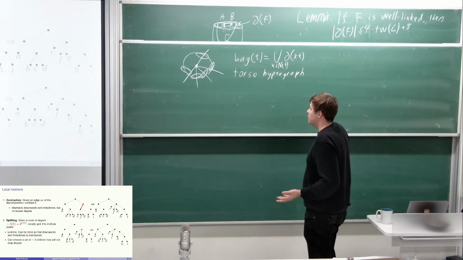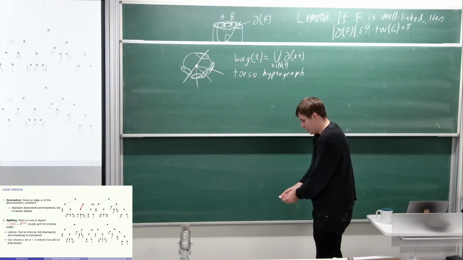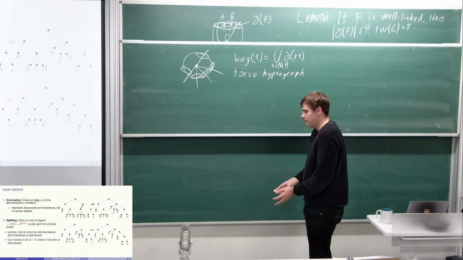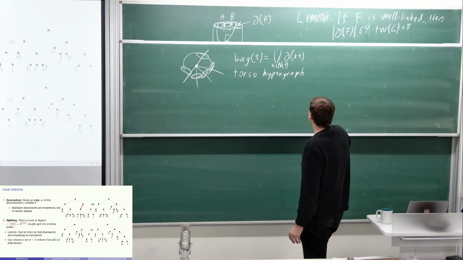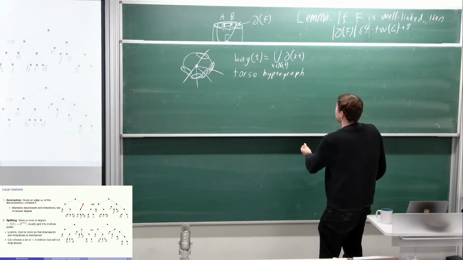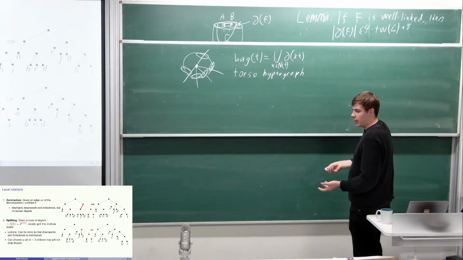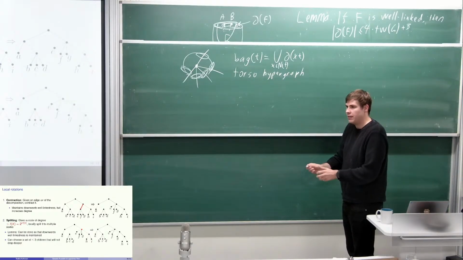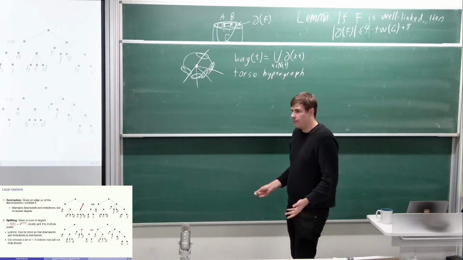A hypergraph for me is just a graph where instead of edges we have edges that are sets of vertices. We can define well-linkedness in hypergraphs in the same way: a set of hyperedges is well-linked if you cannot split it into 2 so that both of them have a smaller boundary.